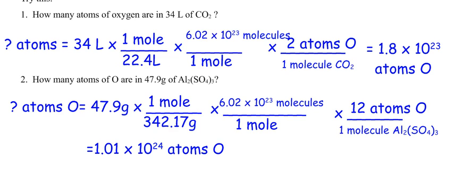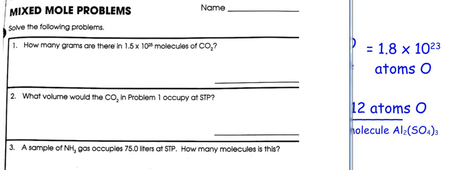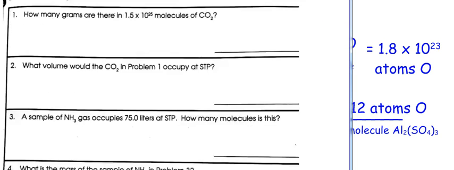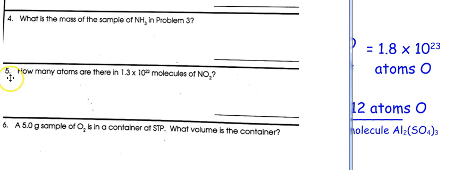So what I'd like you to do now is go back to your homework packet. And you remember this page? This is mixed mole problems. I think this was page 7. And you need to figure out number 5. You can do that now, but it's only a one-stepper because you are given molecules and now you want atoms. But they're not asking for atoms of a specific element. They want total atoms. So you can do that.